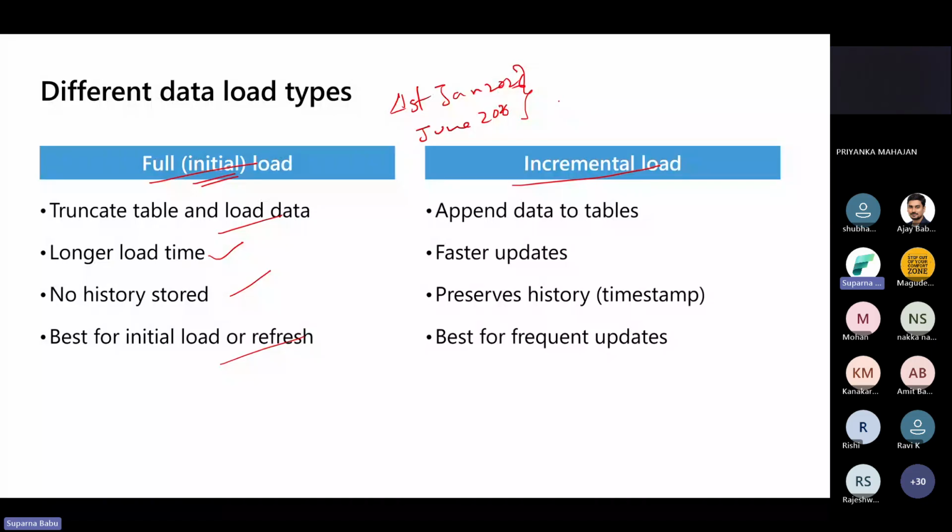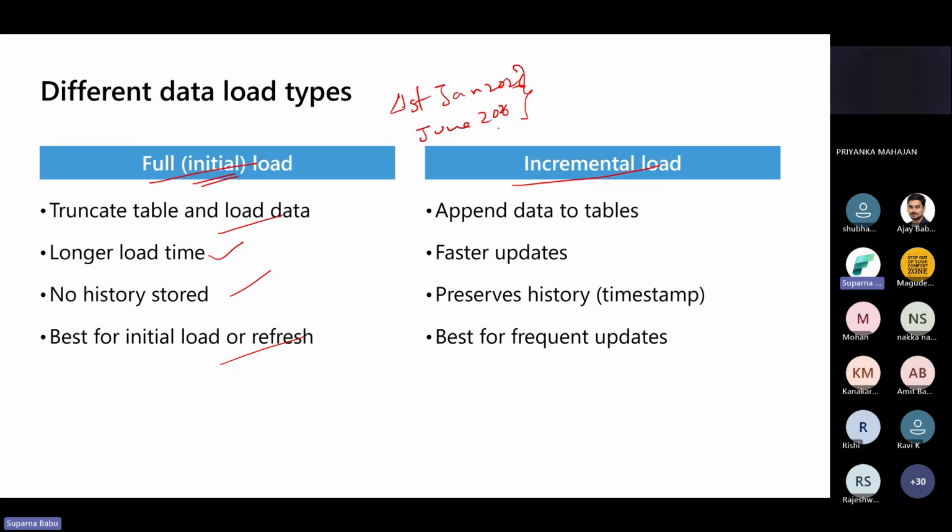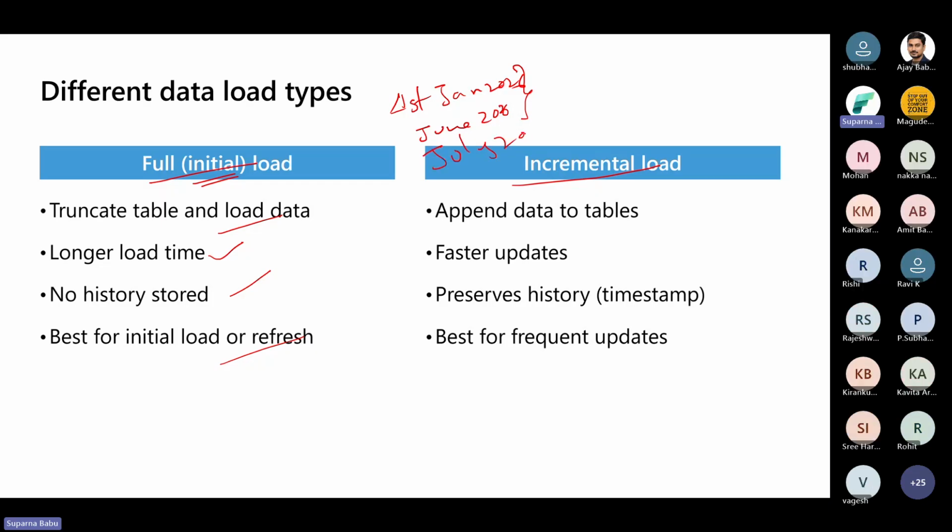Later, once this July month is over, if I again initiate a full load, it will take all the data from 1st January till 31st July. Instead of that, I will go with the incremental load concept, which will load only July 2026 data. Based on the timestamp, it won't take much time and gives faster updates. Based on the timestamp column, you can do the incremental load. Fine.